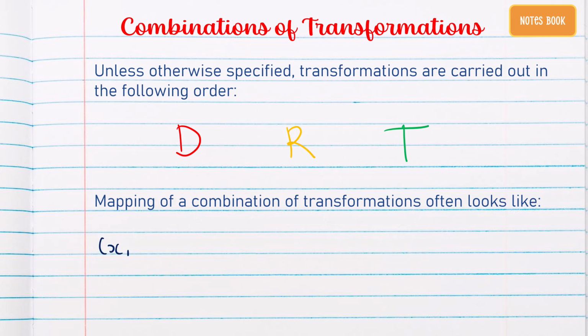Now, if we wanted to map a combination of transformations in this order, that means if, let's say, we had a negative dilation factor, it would be negative ax prime plus h, negative y prime plus k. Okay, so that's if we were to do it in the correct order. Obviously, if it's otherwise specified, you do have to work with what you've been given.